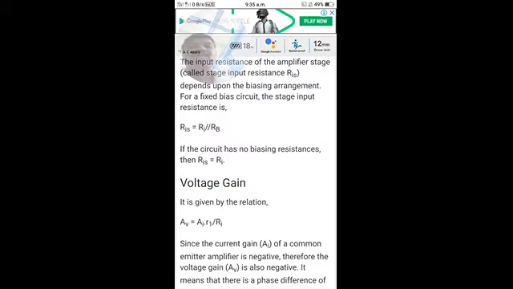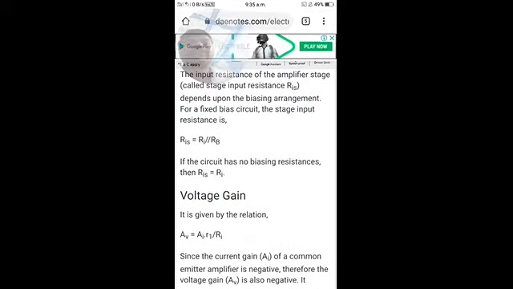Then Ri dash, this we call Ri dash, is the parallel combination of Ri, which we can calculate directly from the formula, and Rb.